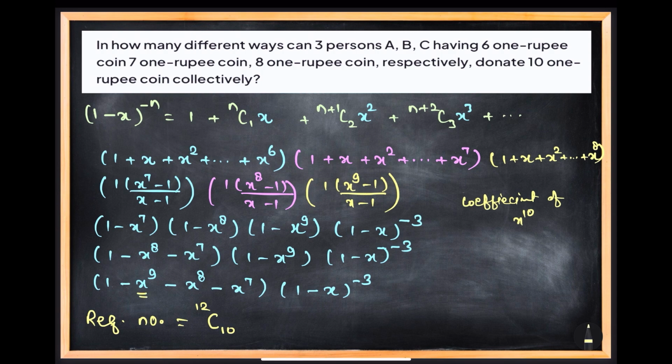He is having minus 1, so minus 1 will contribute. He is x to the power 9, so he will fight with x power 1. So the lower subscript of C should be 1. The upper subscript will be n plus 1 less than the lower subscript. Here n is 3, and 1 less than the lower subscript is 0, so it is 3.